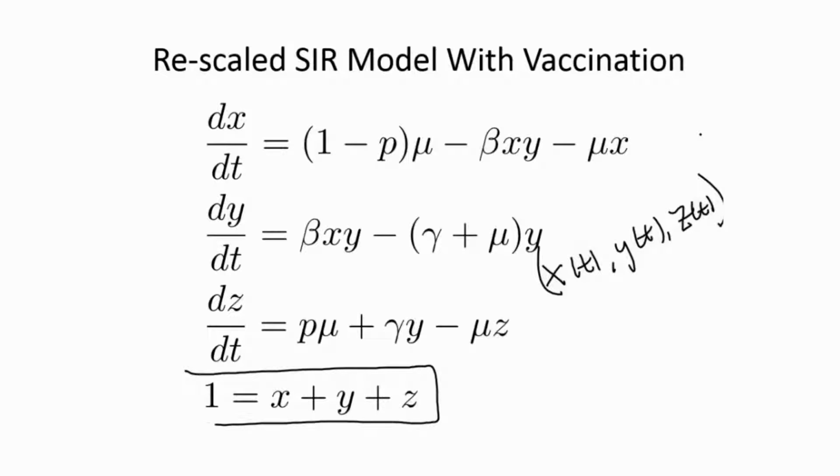So at every time point, when we add up x of t plus y of t plus z of t, that summation adds up to 1, right? They are fractions or proportions. The parameters are still the same parameters we had in the original model. So we have p, beta, gamma, and mu. Now we have 4 parameters, right? P denoting the coverage of vaccination in the population.